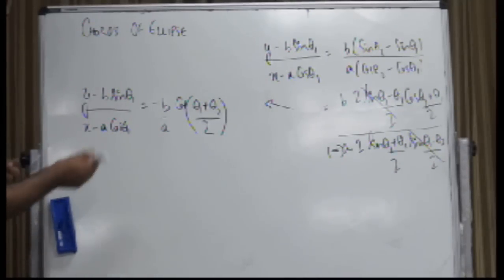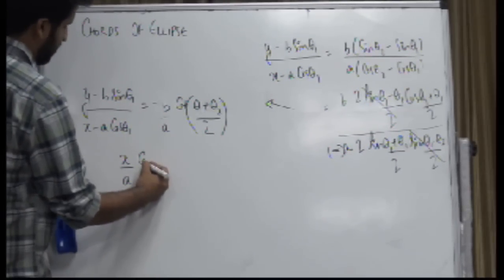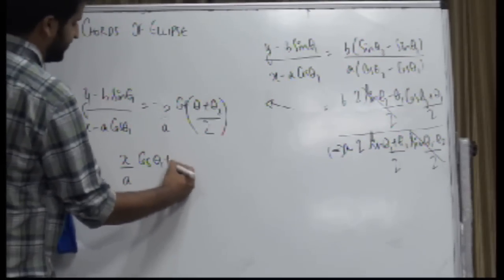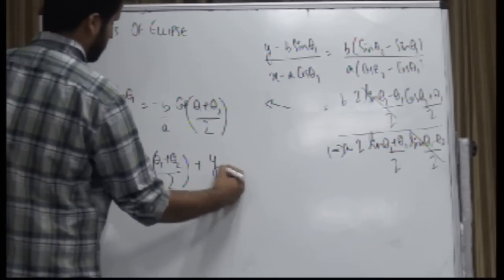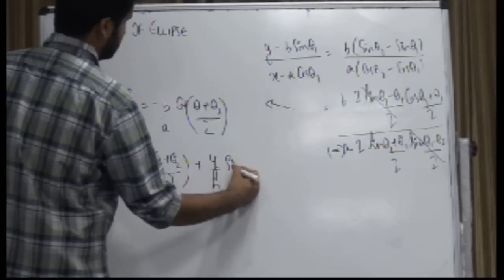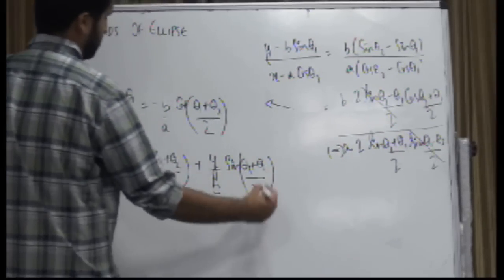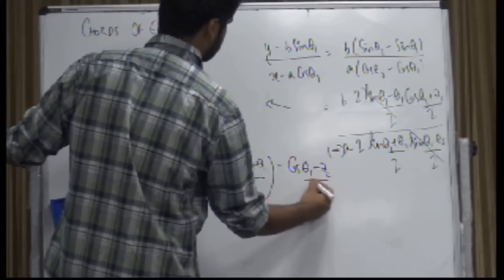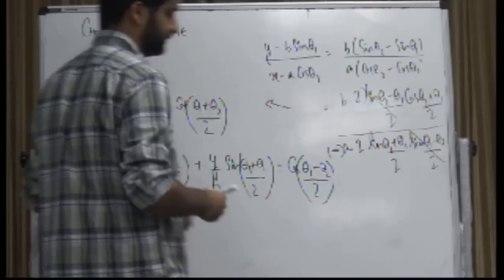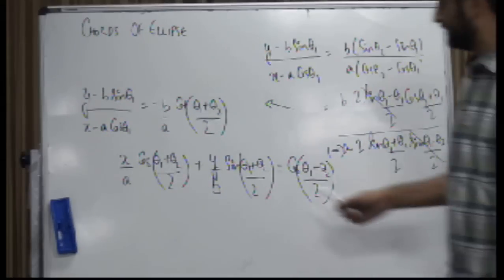So the final result which you will get is x upon a cos theta 1 plus theta 2 by 2, plus y upon b sine theta 1 plus theta 2 by 2, is equal to cos theta 1 minus theta 2 by 2. So this is the final equation of chord which you will be getting.